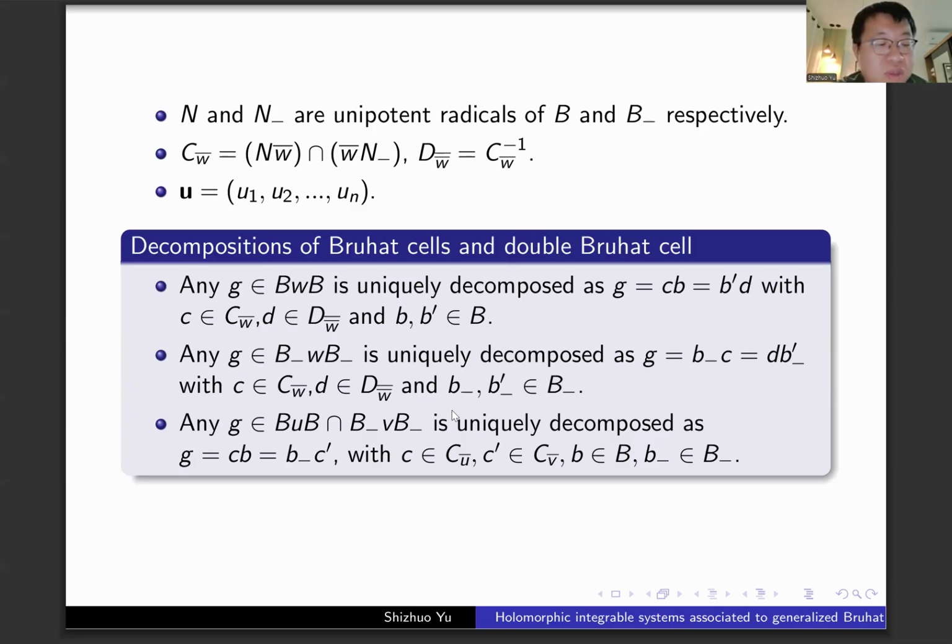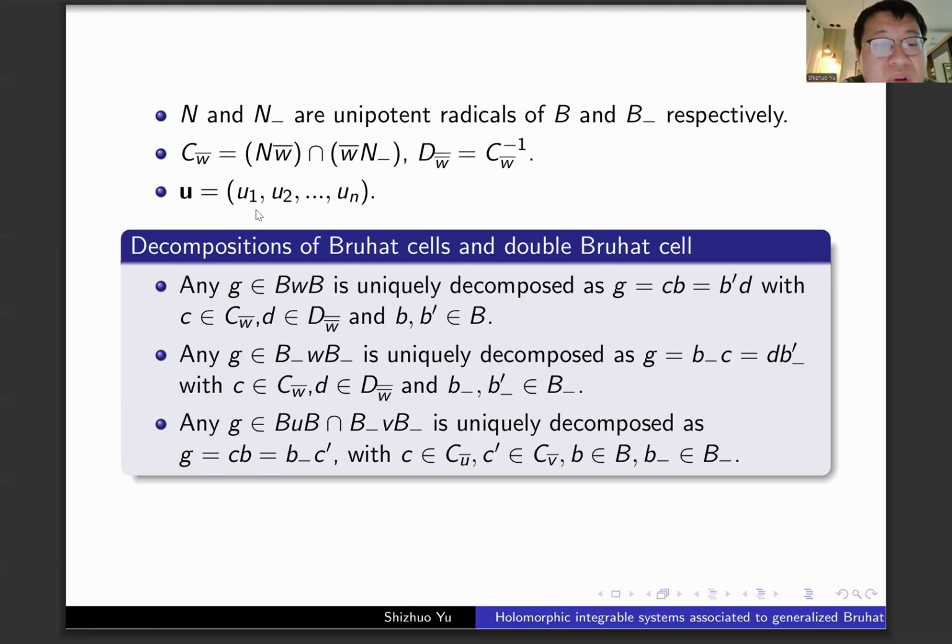Here we will introduce some coordinates on the Bruhat cells and the double Bruhat cells. And the building blocks are the Bruhat cells, actually the C^w, the Chevalley slice. And here we know that the decomposition will give the concrete decomposition of the Bruhat cells and the double Bruhat cells.